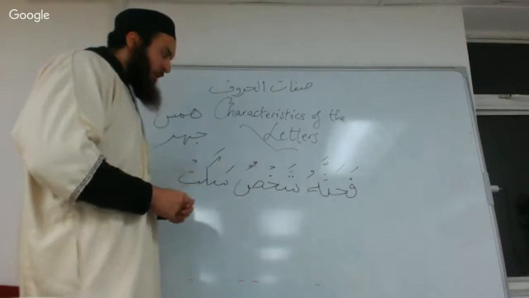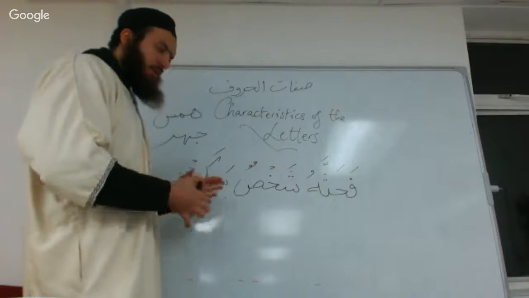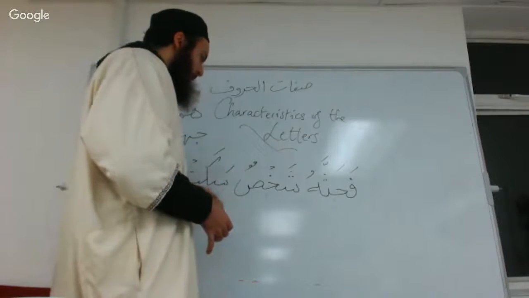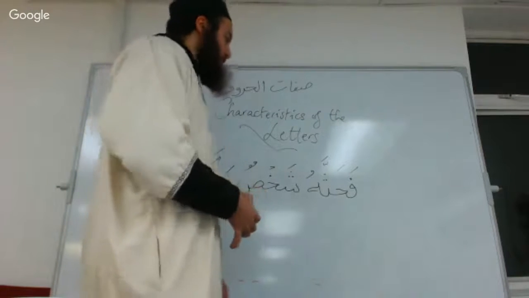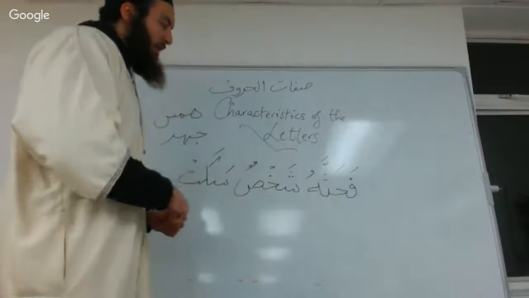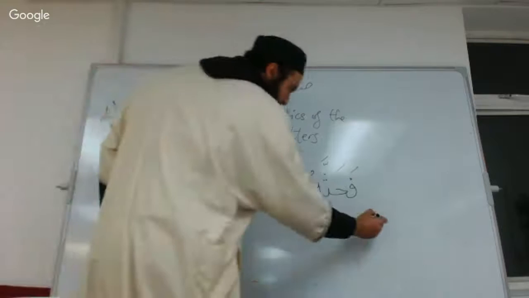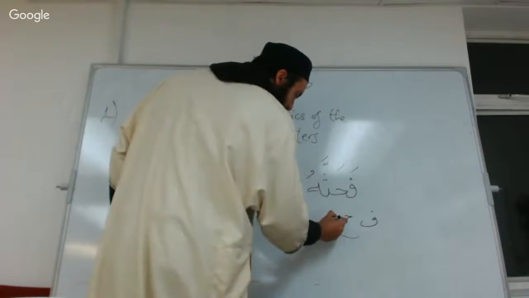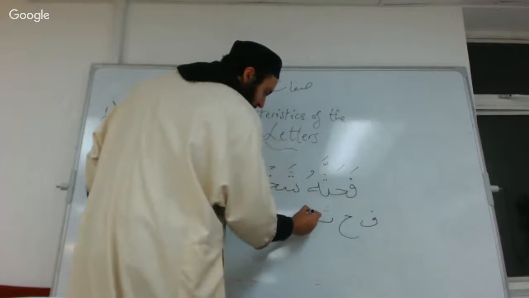Don't worry too much about the meaning. It's just a sentence that makes sense linguistically to remember the letters. So the letters are, as you can see, fa, ha, tha, ha, sha, kha, sa, sa, ka, ta.